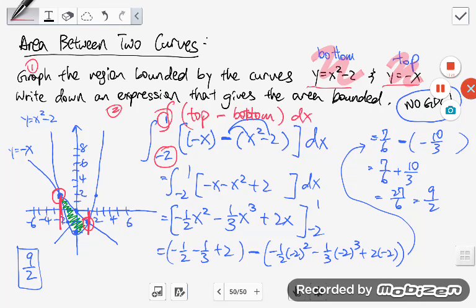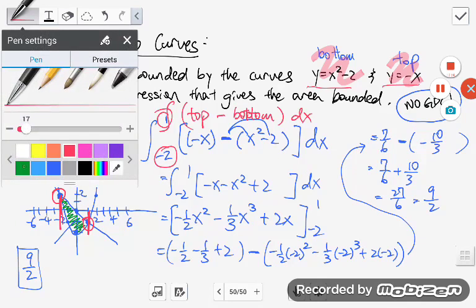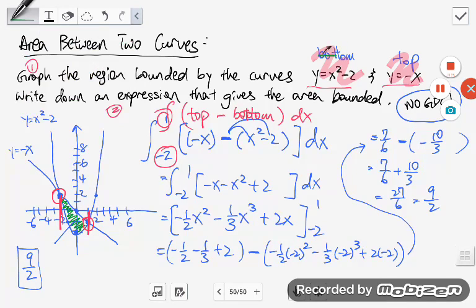And now that's it. With the calculator, it will be a lot easier. If today we have a calculator, you can put this in your y1 and that in y2, and the calculator is going to give you this graph, much better than what I have here.